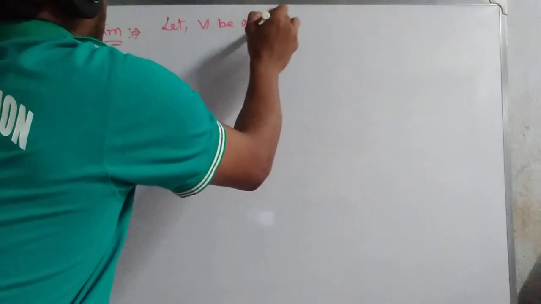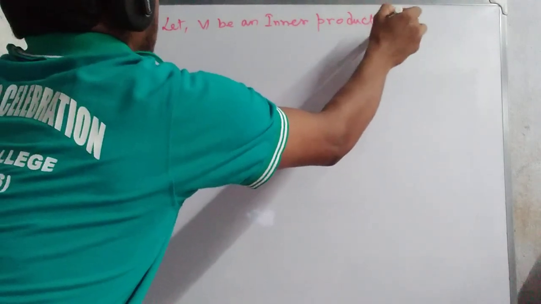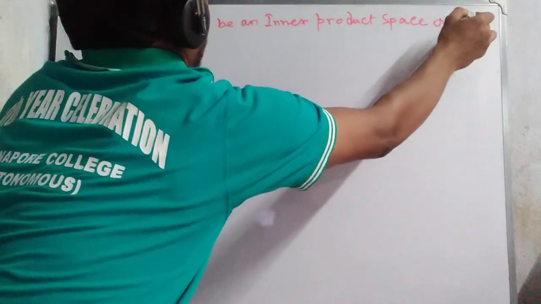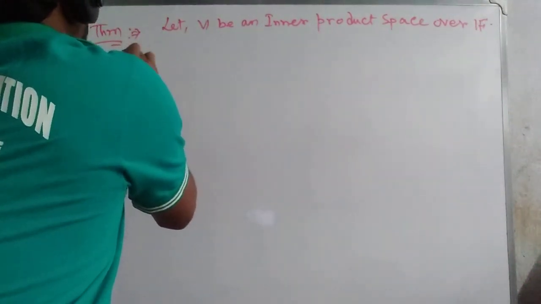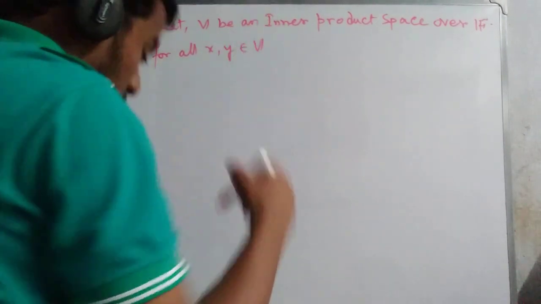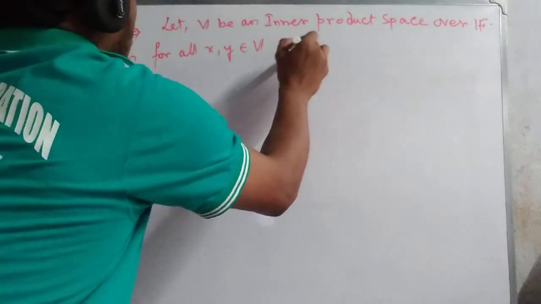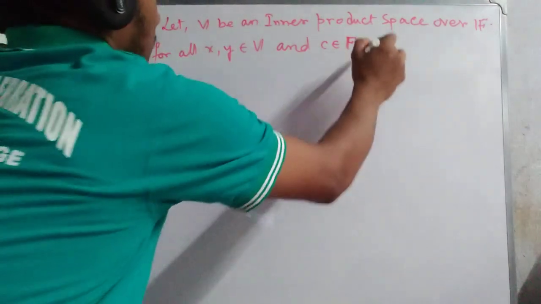We write here the theorem. Let V be an inner product space over F. Then for all x, y belongs to V and c belongs to F, the following statements are true.